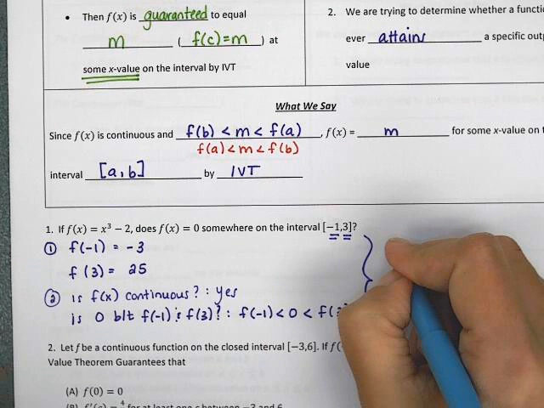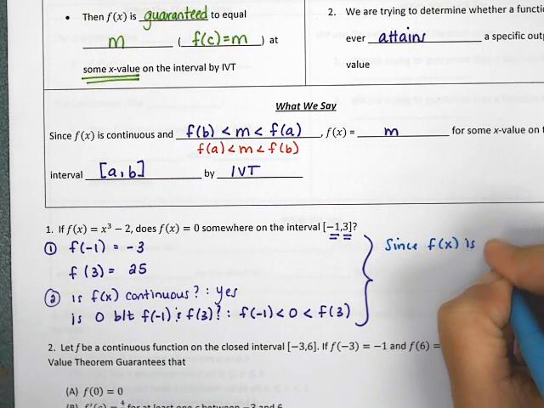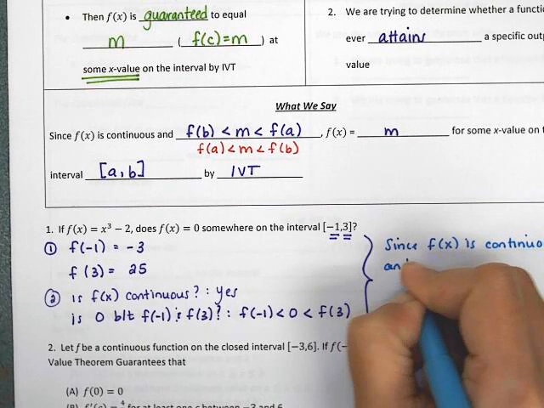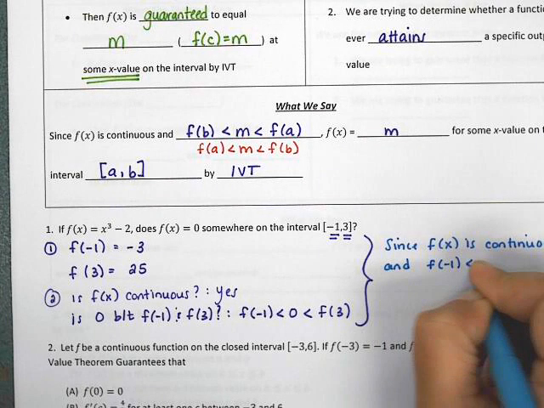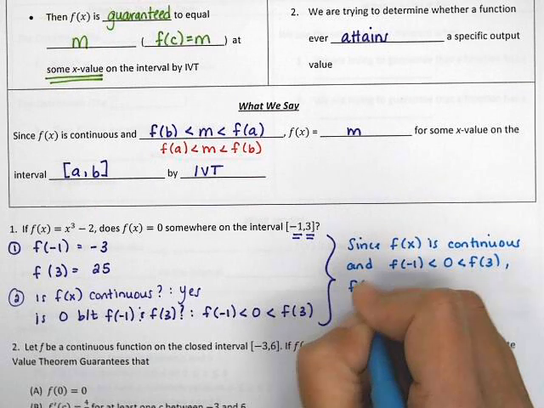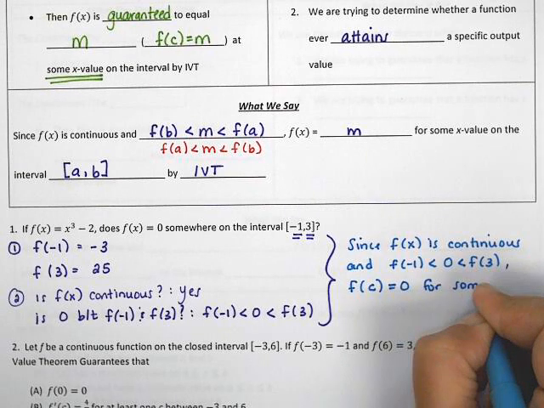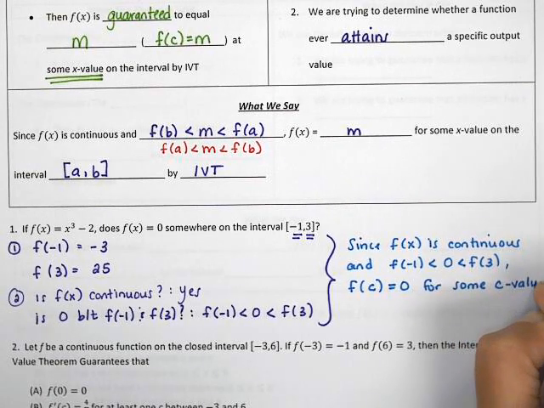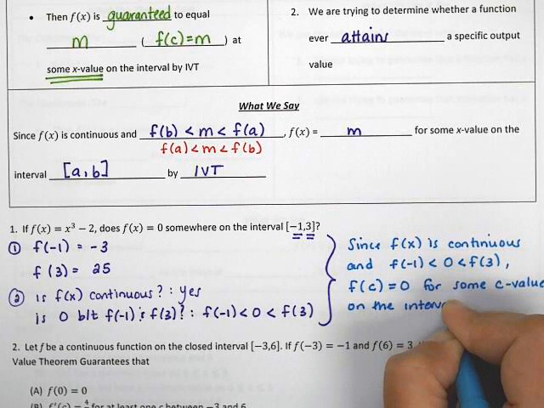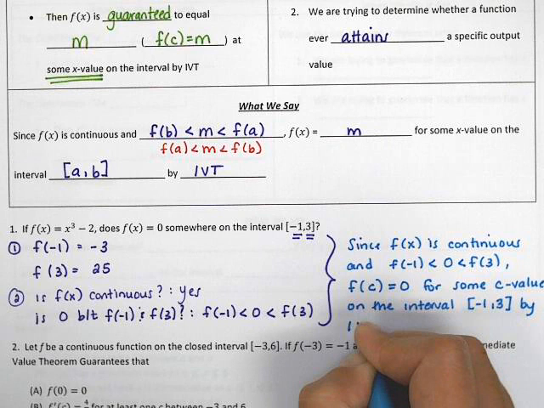We would say, since f of x is continuous and f of -1 is less than 0, which is less than f of 3, f of c equals 0 for some c value on the interval -1, 3 by the intermediate value theorem.